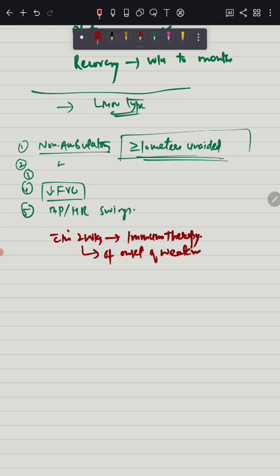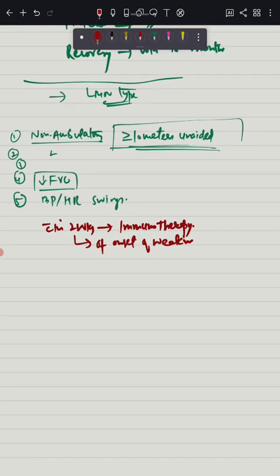And we know which one is to be given, whether IVIG or plasmapheresis. The dose of IVIG is 0.4 grams per kg per day for 5 days.